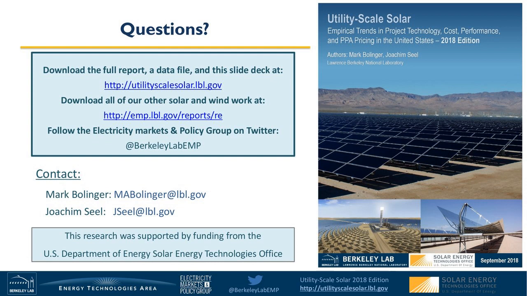APS set it up that way because, like California, they're experiencing their own duck curve with too much midday solar generation. So they structured that PPA to address their needs, which is power later in the day when load starts to ramp up. So, yeah, that's that one.